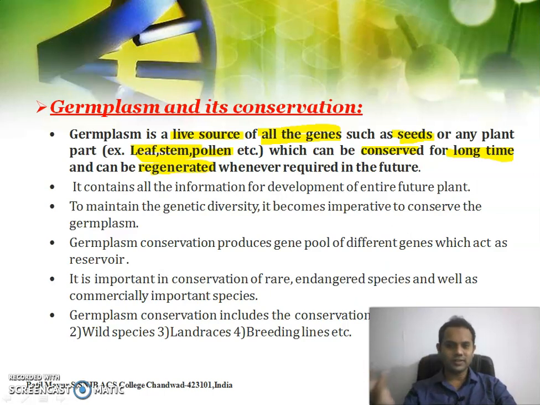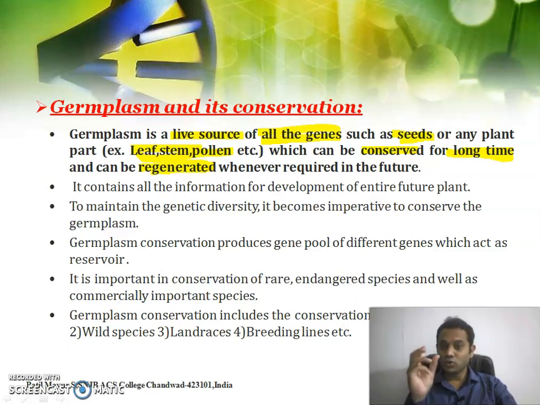If we sow the seed in the soil, it will again germinate and grow into the seedling, and after that the entire plant will grow, it will complete its vegetative growth, then its reproductive growth, then that cycle continues by pollination, fertilization, and again the seed is formed, fruit is formed, and in this way the cycle continues.